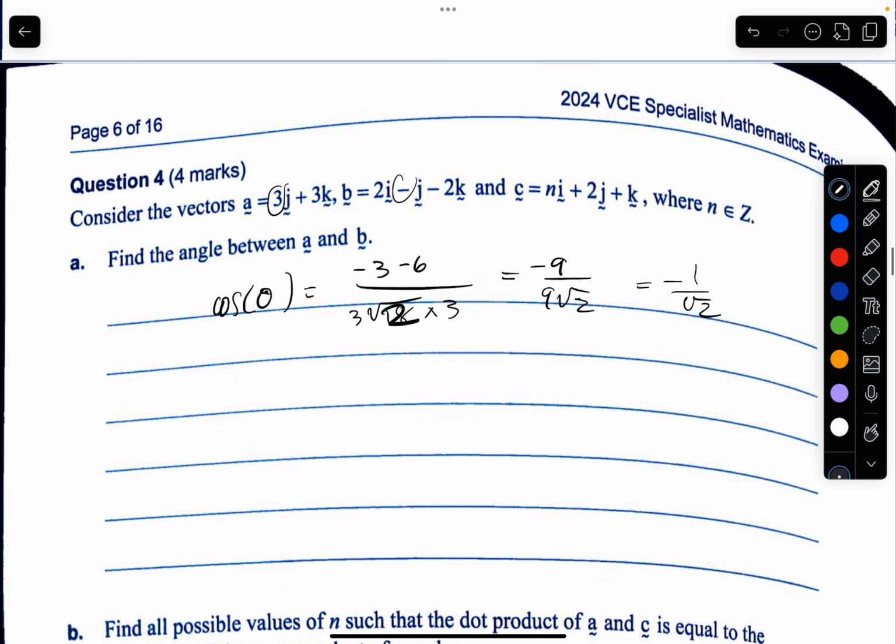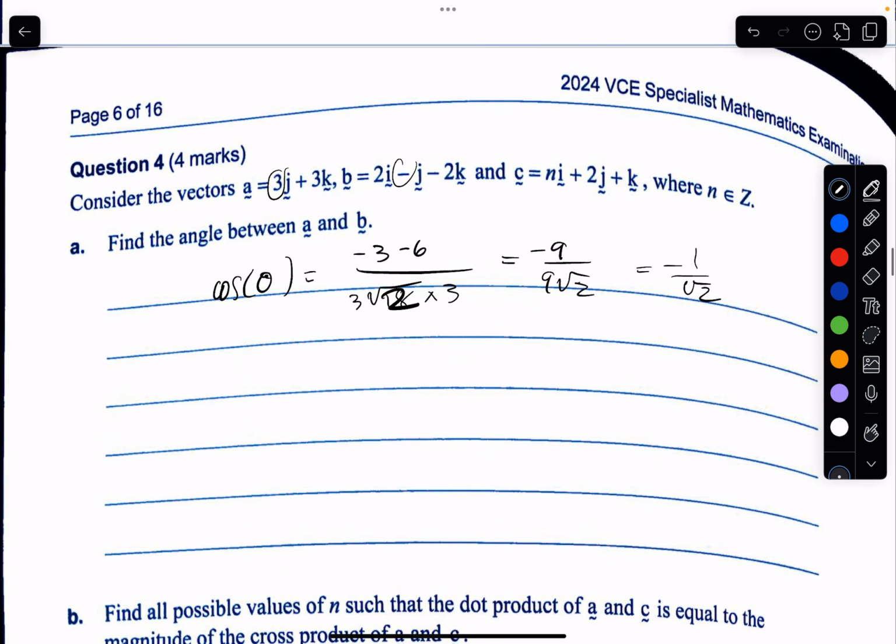Okay, so the angle between, cos theta must be obtuse, and that would be what? 3 pi over 4.